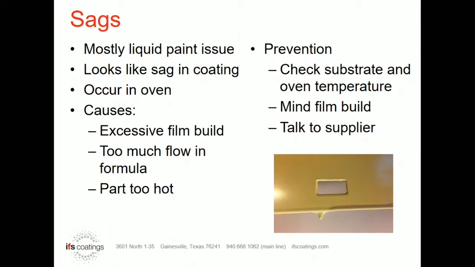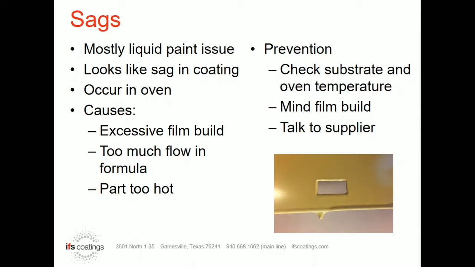Usually it tends to be a film build issue where we get way too much powder on the part, and as everyone knows, as you cure a powder, there is a time where the powder actually becomes a liquid and flows before it starts cross-linking back up and stops that flow. So if you have way too much powder in an area, once that becomes liquid, gravity will just cause it to shift and you will get that sag.